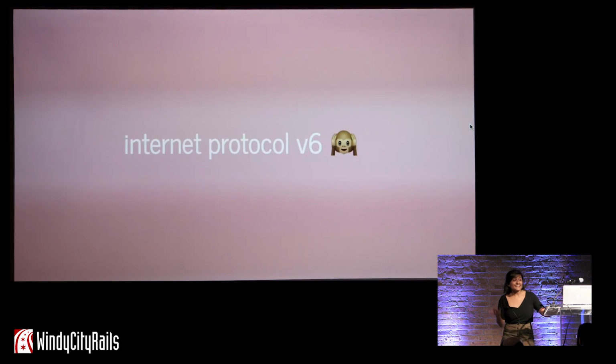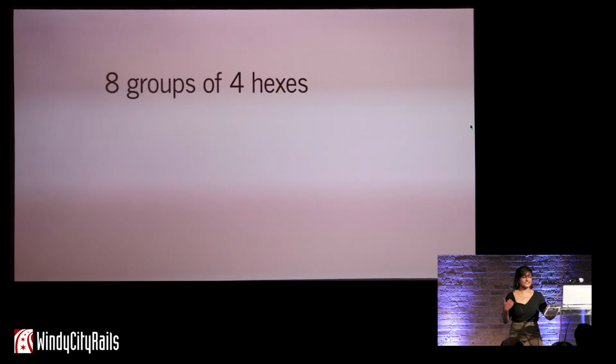But hexes are also in your IP addresses, which is really cool. In the 90s, somebody really, really smart, or just more aware than everybody else, realized that we were going to run out of unique IP addresses for everybody, and they were like, oh, we should probably stop using IPv4. So they did, and then they created IPv6, which is 8 groups of 4 hexes, and each group takes 2 bytes or 16 bits of information.